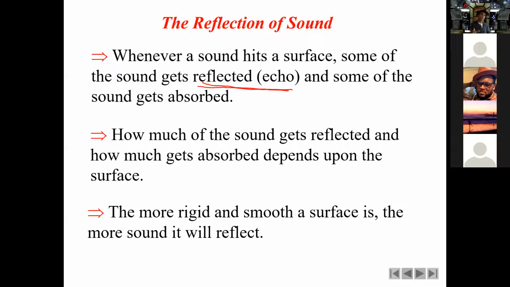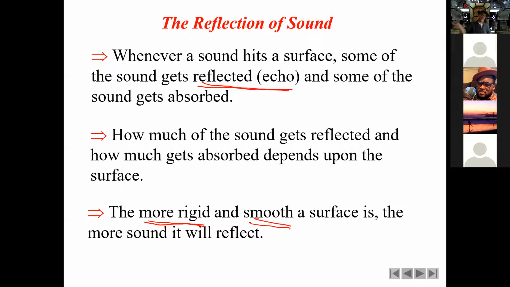How much gets absorbed, how much gets reflected, really depends upon a couple things. One, it depends upon how rigid the surface is and how smooth the surface is. So in general, a rigid, smooth surface will reflect sound really well. A soft, porous surface will absorb sound really well.